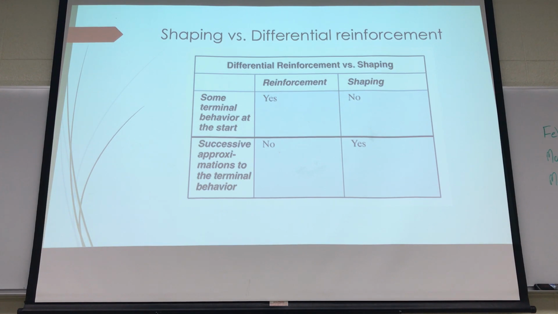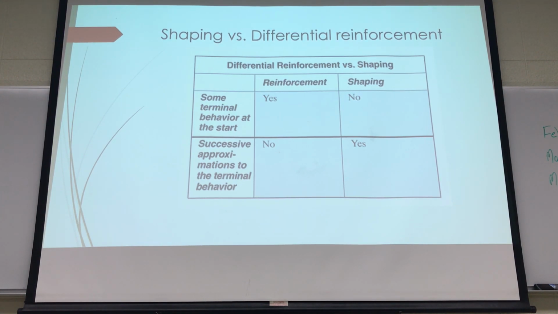It's already in the repertoire, so we can reinforce that behavior. In shaping, successive approximations, there is no terminal response. That's why we have to shape small bits and pieces to get to that bigger behavior.